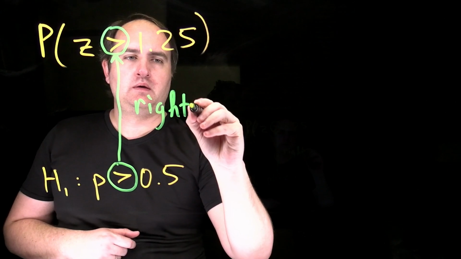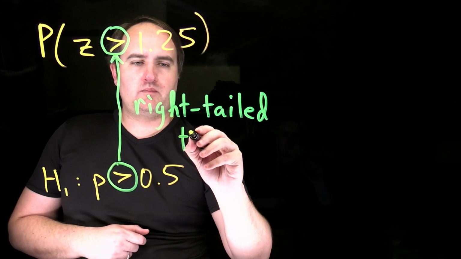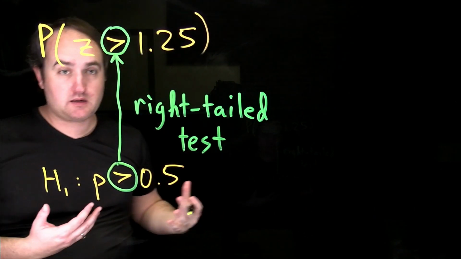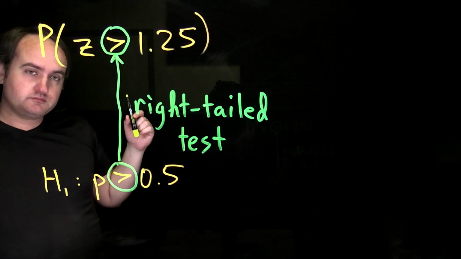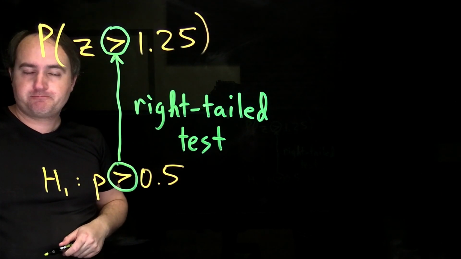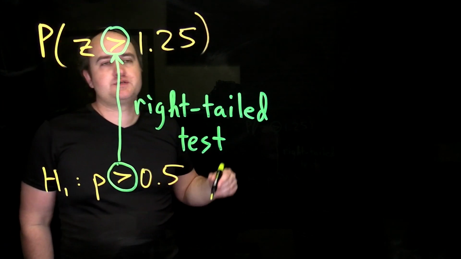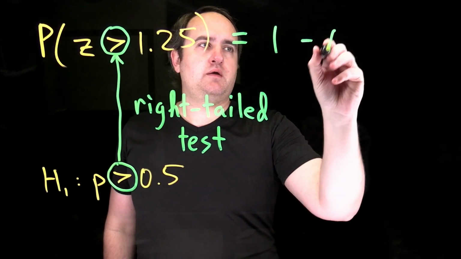Okay? But a right-tailed test, in order to look that up, you just use table A2. So it's the same as the area to the right. Okay, so from table A2, you do 1 minus the area in table A2.